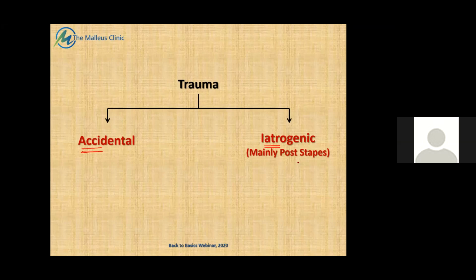Most commonly with surgeries, you definitely have the chance of messing up the vestibule, the labyrinth, even in a mastoid surgery, but the chances are much higher post stapes. So the trauma could be iatrogenic, say post stapes surgery, or it could be accidental. Let's look into these two different scenarios one by one.